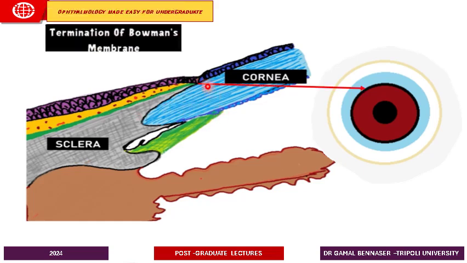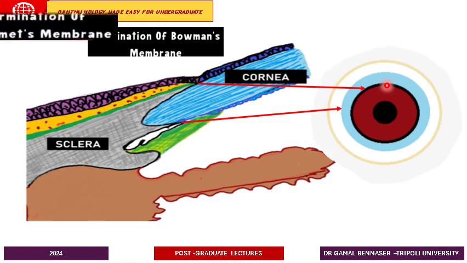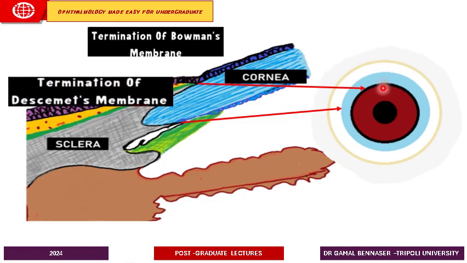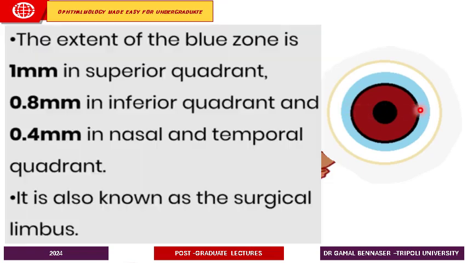Now, this is the termination of the Bowman's membrane, which limits the anterior border line, the anterior termination of the blue zone. And this is the termination of the Descemet's membrane, which is the mid-limbal line. That's the posterior end of the blue zone or the surgical limbus. And this is the scleral spur, as I said before.